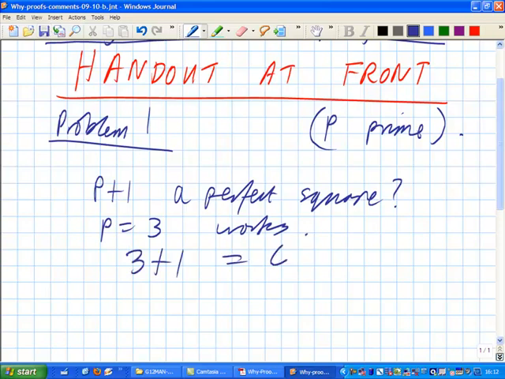Because 3 plus 1 equals 2 squared. So, can I have a show of hands, probably not to pick on anyone, as usual. A show of hands, who thinks that that's probably the only one?